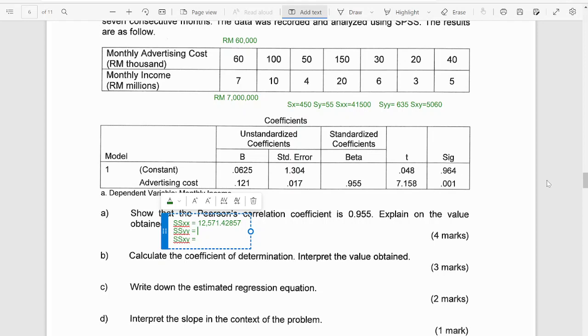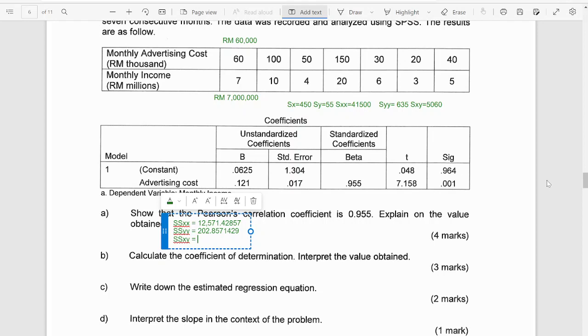Okay, you get 202.857 1429. Okay, so that is for the second one. And then the third one for xy, so 5060 minus 450 times 55 divided by 7.